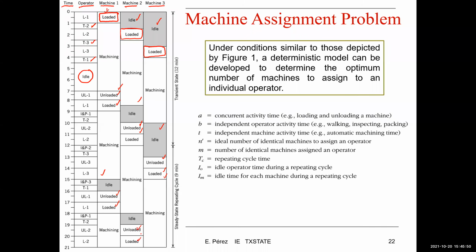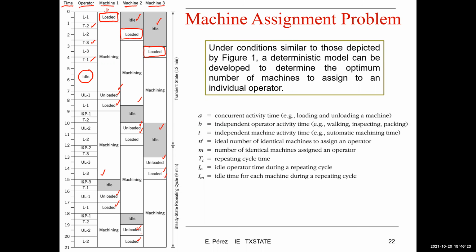So the question we're trying to answer is, knowing that we have these many machines, how many operators you should have in this system. You have to find that balance between not having the machines idle for long periods of time, but also not having the operator idle for a long period of time.